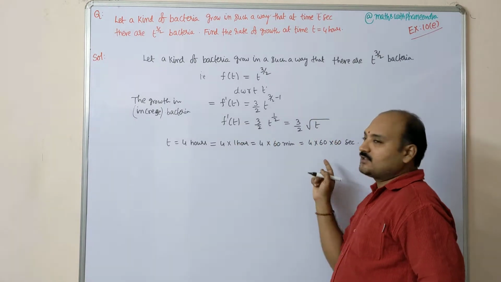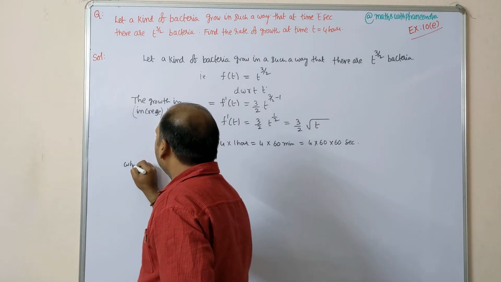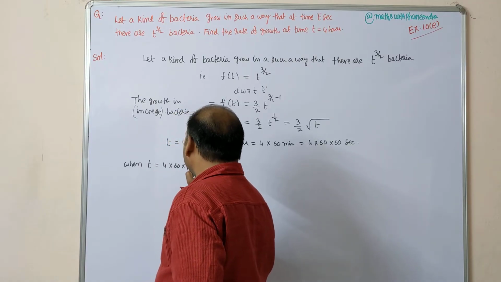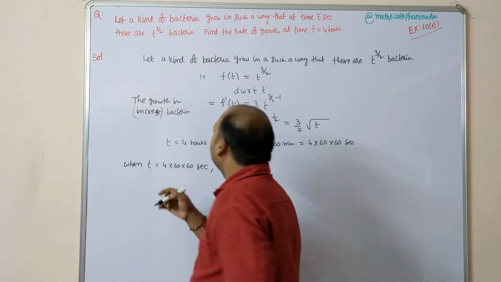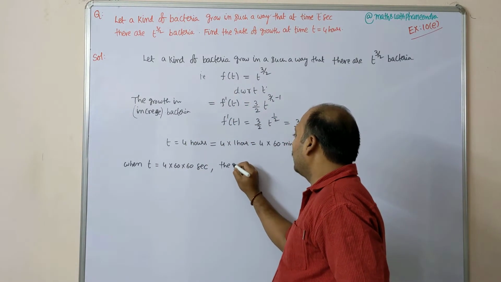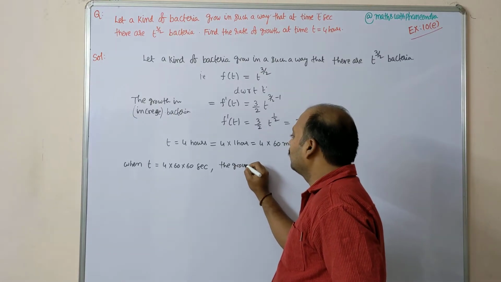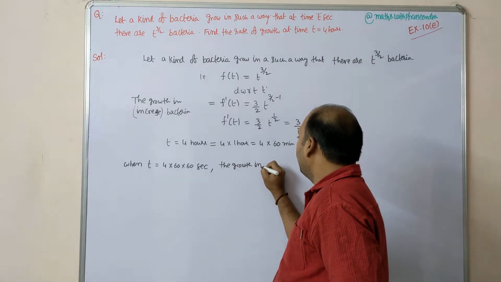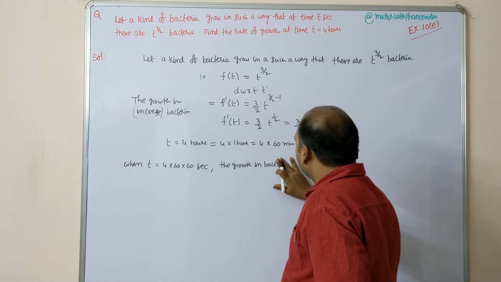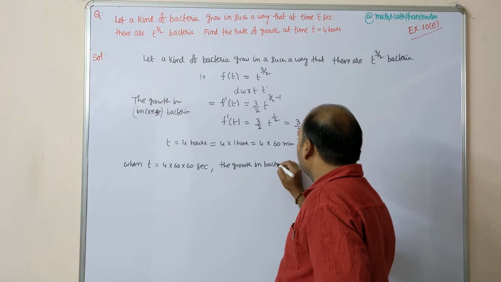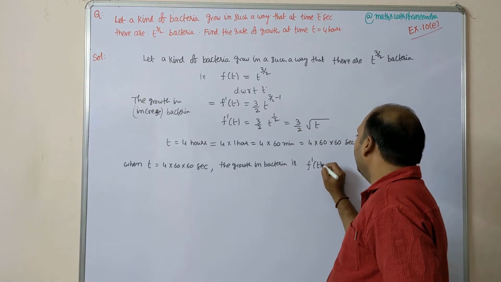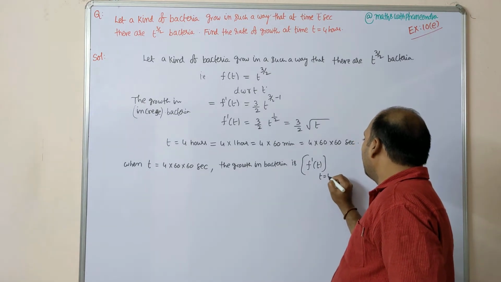So at this time, when t is equal to 4 into 60 into 60 seconds, the increase in the bacteria, the growth in bacteria is f dash of t at t is equal to 4 hours.